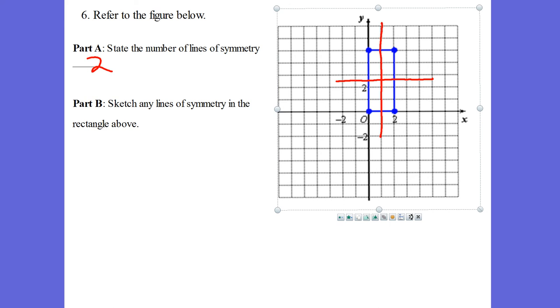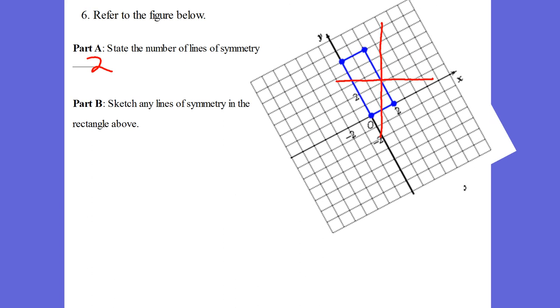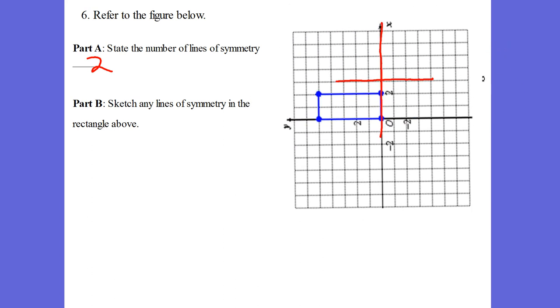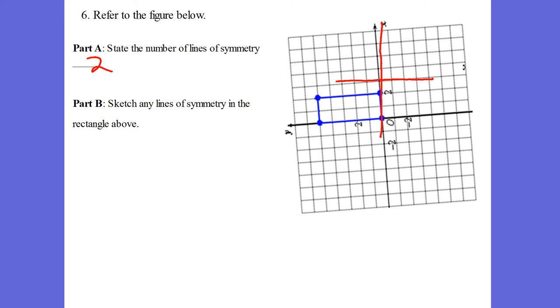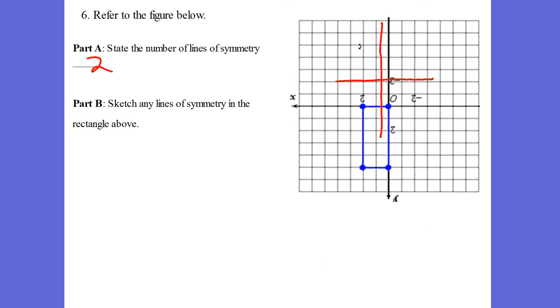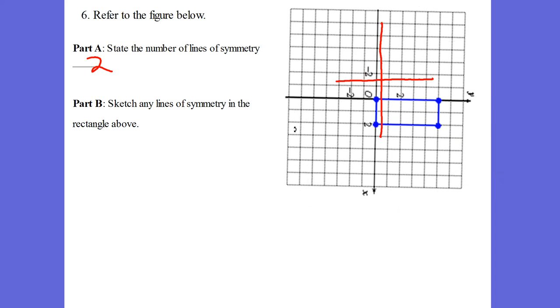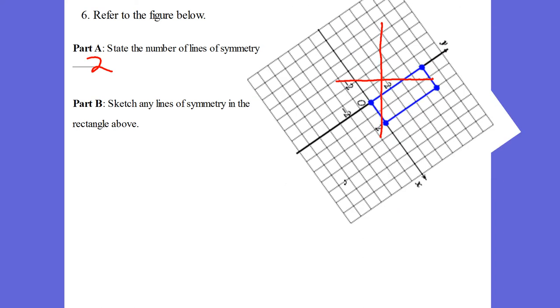Let's rotate counterclockwise just because. Is that the same as my original? No. Is that the same as the original? Yeah. You're just looking at the shape, you're not looking at the graph. That one would be the same as the original, right? So that's 1. Is that one the same? No.